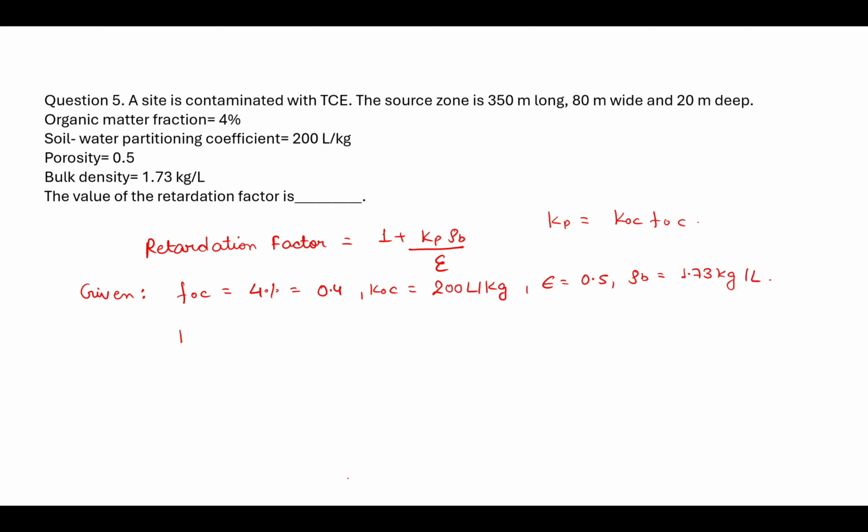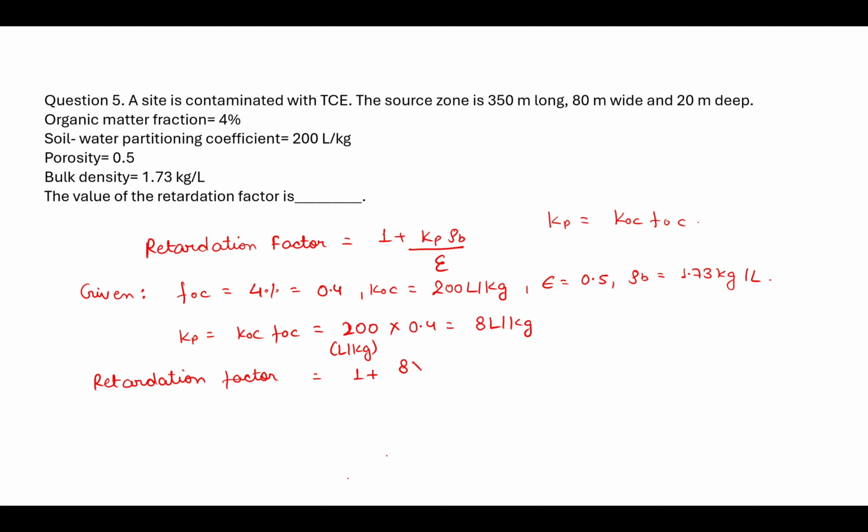So we can find out the distribution coefficient as KOC into FOC. We have KOC as 200 into FOC as 0.4. So it will be 8 liters per kg, because 200 into 0.4 is 8 liter per kg. Now for the retardation factor, we just have to put in the values. It is 1 plus Kp.